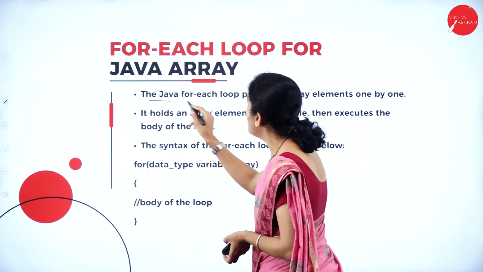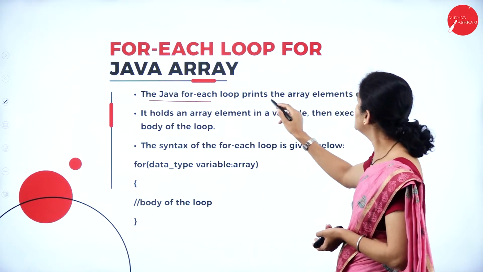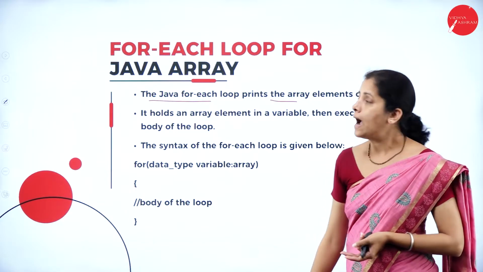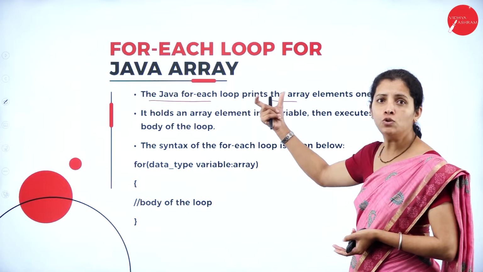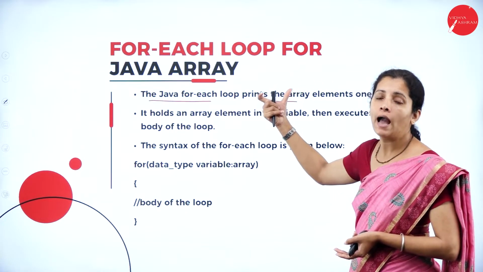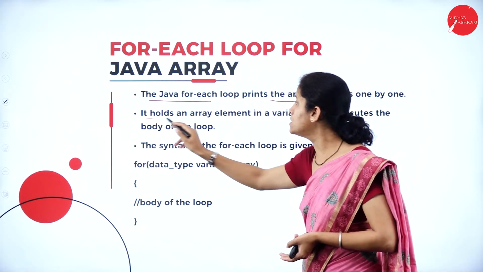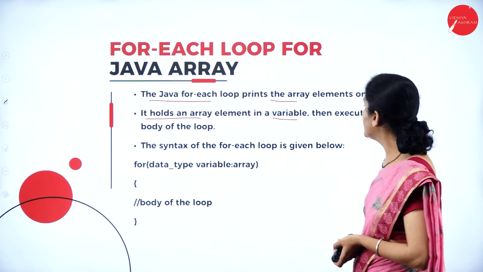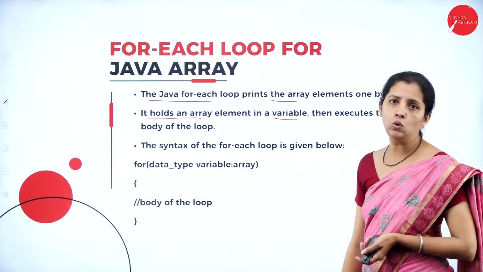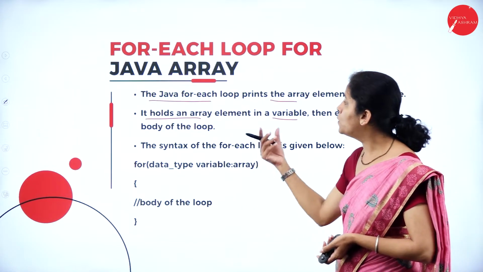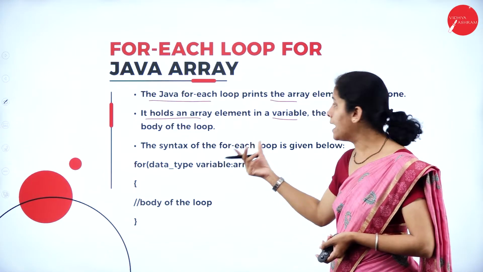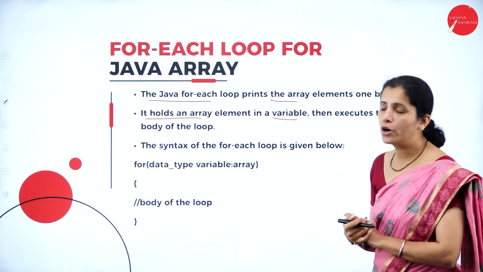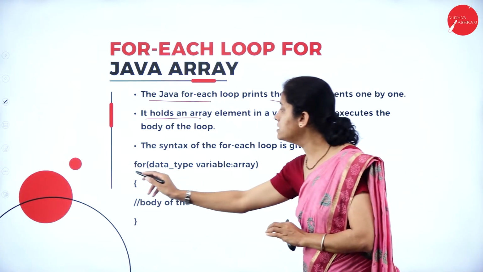So the Java for each loop prints the array elements one by one, and this for each loop is meant only for an array. It holds an array element in a variable and executes the body of the loop, and this is the syntax.